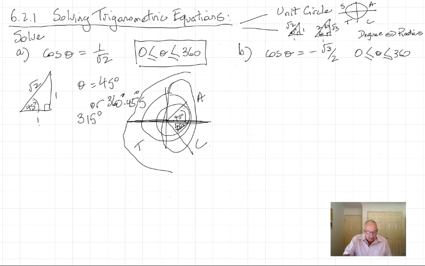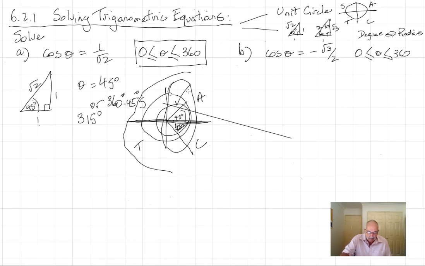So just going through the steps again, we find the basic angle in the first quadrant. Forget about what sign we've got here. So we know that 1 on root 2 is one of our special triangles, so we've got 45 degrees in the first quadrant. You then draw your unit circle and All Stations To Central, and that will say our trig ratio is positive for cos.